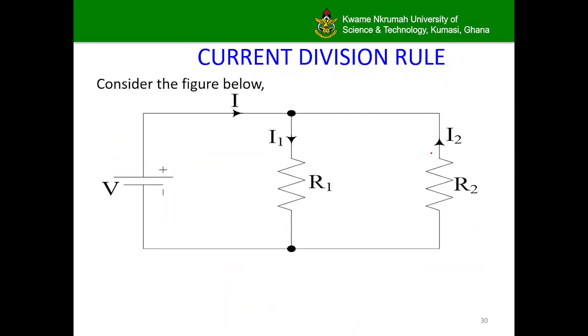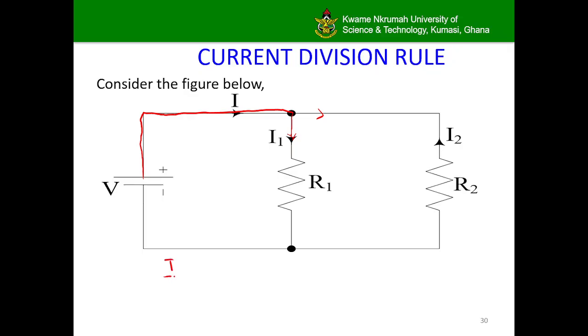Now, it is important to note that this rule applies even if the direction of one of the currents opposes the natural flow of current. Considering this circuit, what I'm referring to is that the total current leaves the voltage source. It gets here, and naturally it's supposed to split downwards and then towards the right.